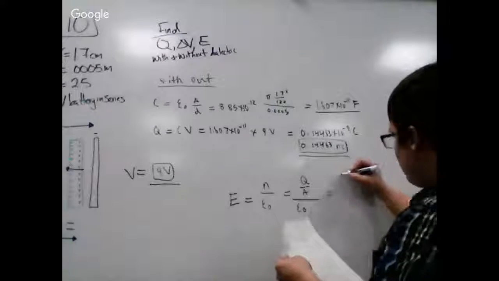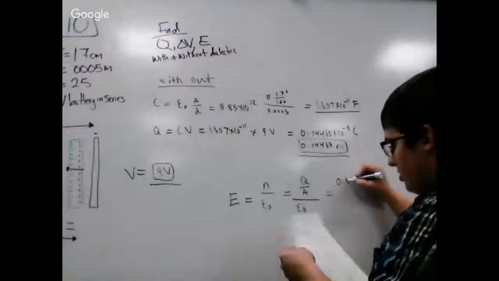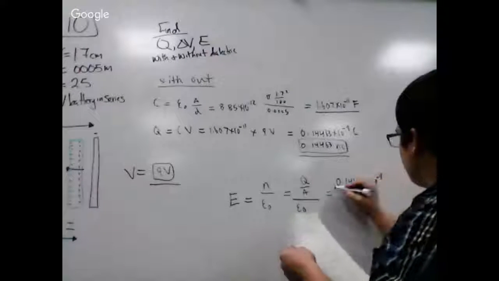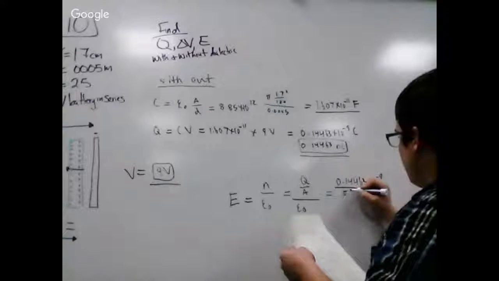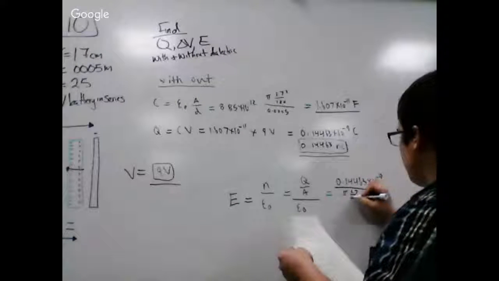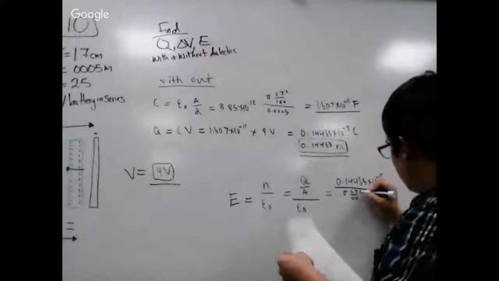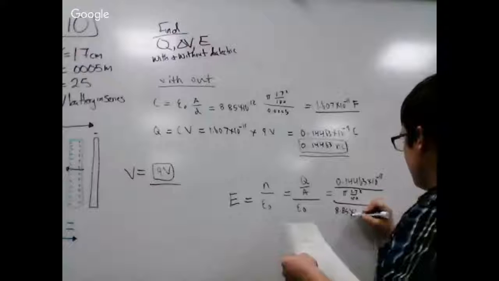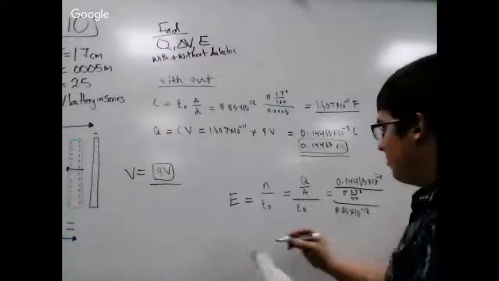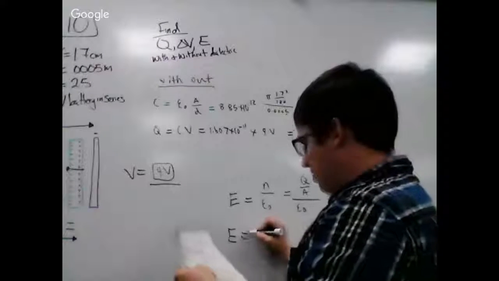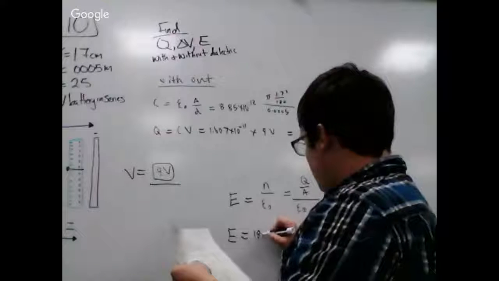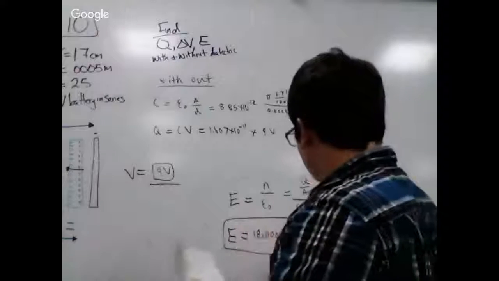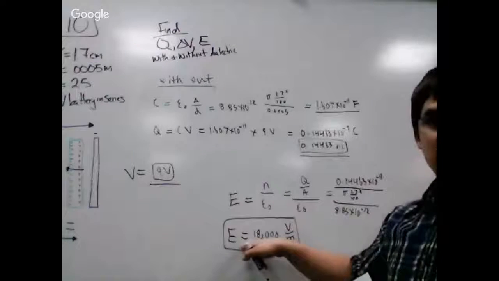This is equal to this charge here, 0.14463 times 10 to the negative 9, all over pi times 1.7 over 100 squared for our area, all divided by 8.85 times 10 to the negative 12. When we do that, we get an electric field of 18,000 volts per meter. And so that's everything without the dielectric.